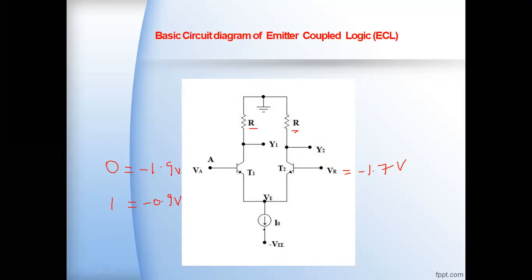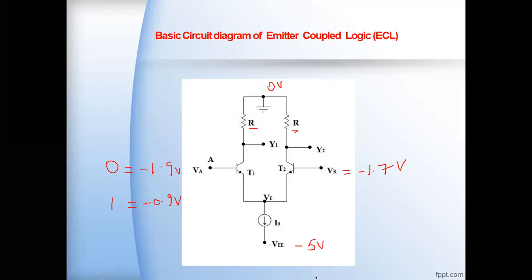Now let us describe the operation of the emitter coupled logic. Here the collector terminal is at ground potential, and VEE, the emitter voltage, is maintained at a negative voltage, say minus 5 volts.